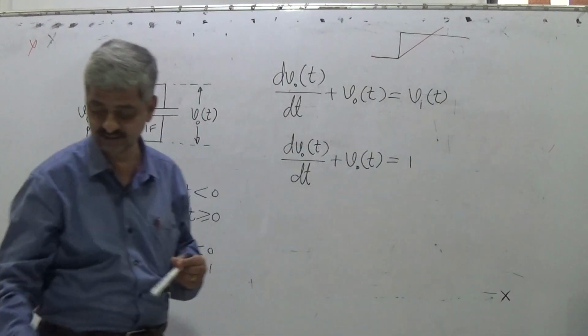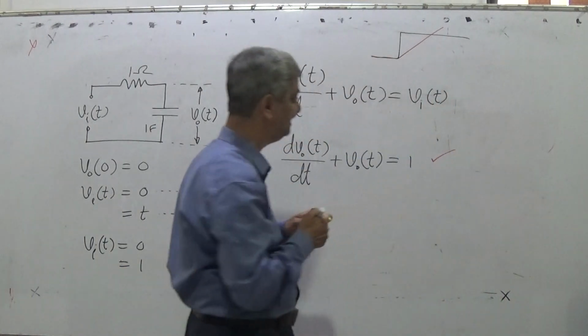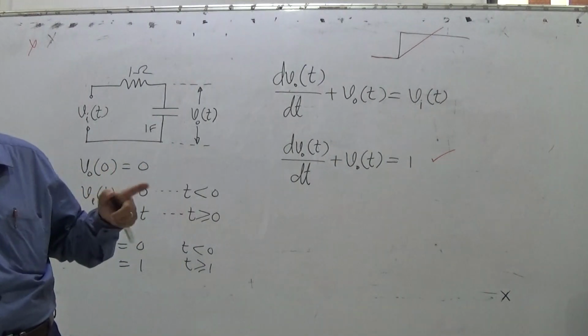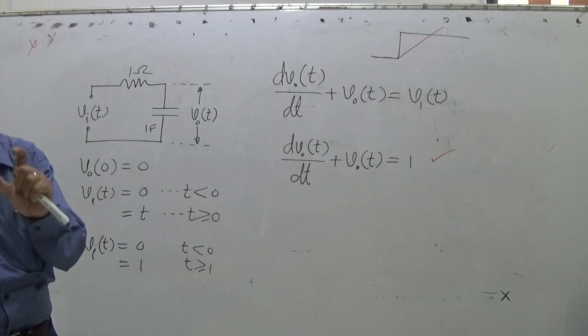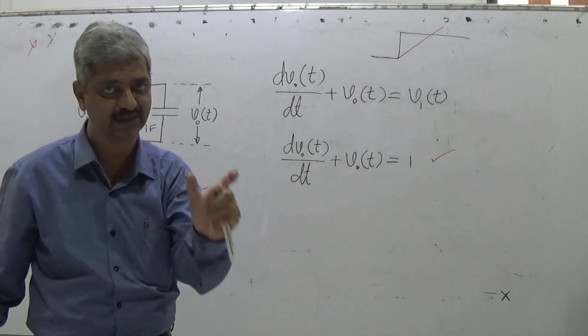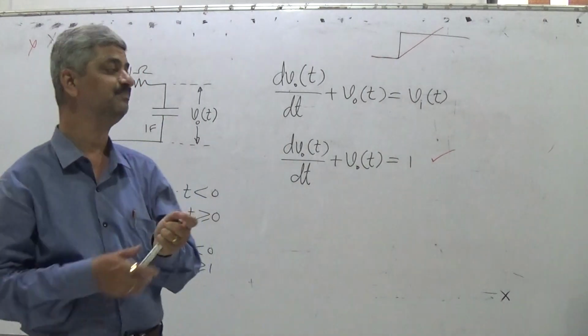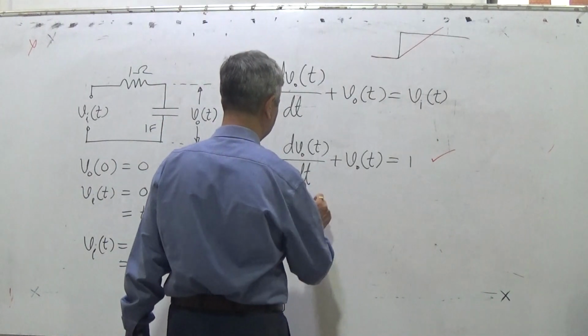This equation actually we did not solve in that sense. I told you that this equation is fulfilled by one particular form of expression, VO(t) equal to A plus B e raised to lambda t, and you are supposed to calculate A, B and lambda.